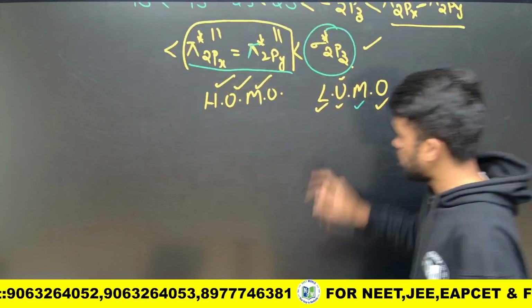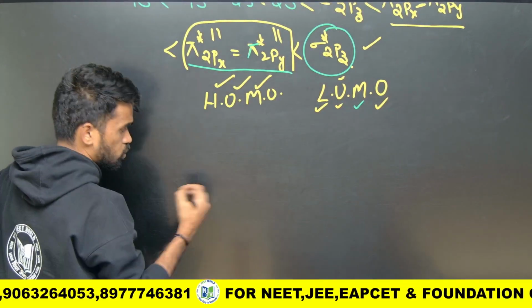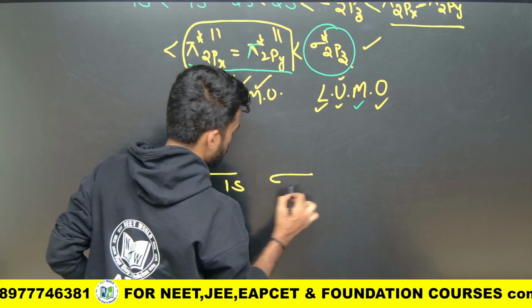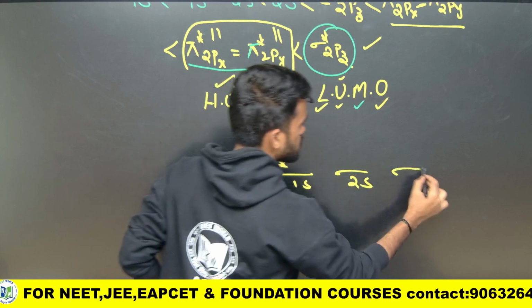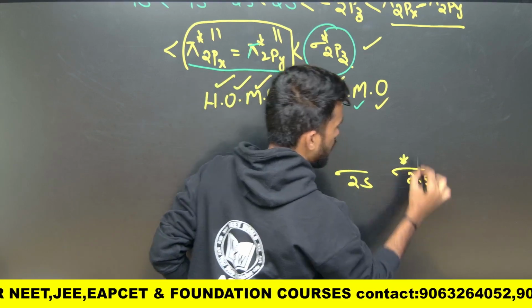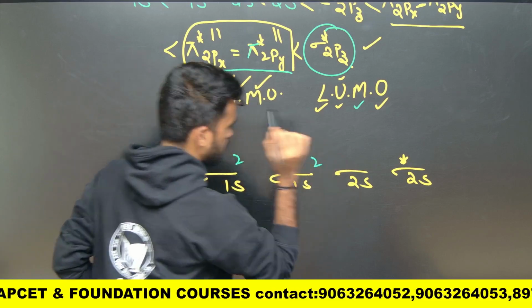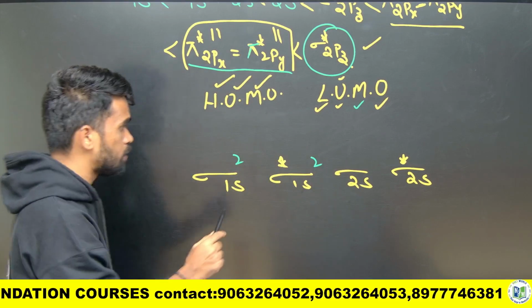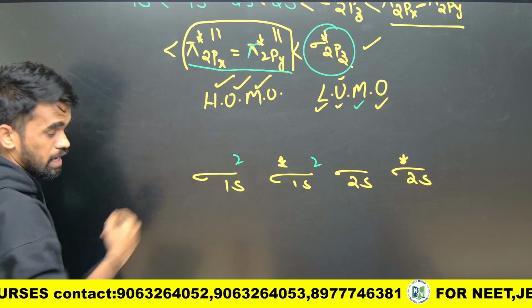Now let me write one more example so that it will be easier to understand. Sigma 1s, sigma star 1s, sigma 2s, sigma star 2s. I am writing like this, and now I am filling electrons here and here. Tell me what the HOMO and what the LUMO orbital is for this particular electronic configuration.